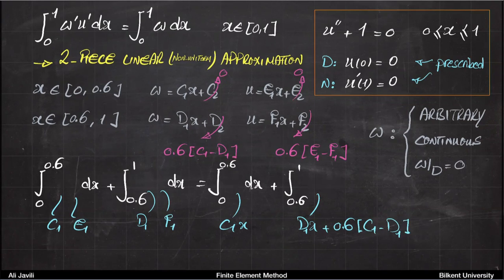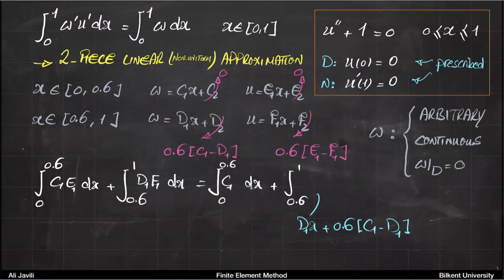Okay, so in the first integral, you would have c1 e1. In the second integral, you would have d1 f1. In this integral, you would have c1x. And then in the last integral, you have exactly the blue term that we have at the bottom.